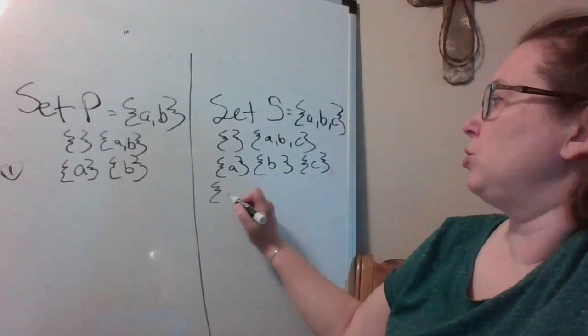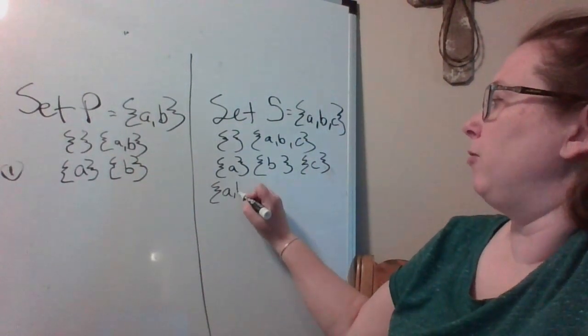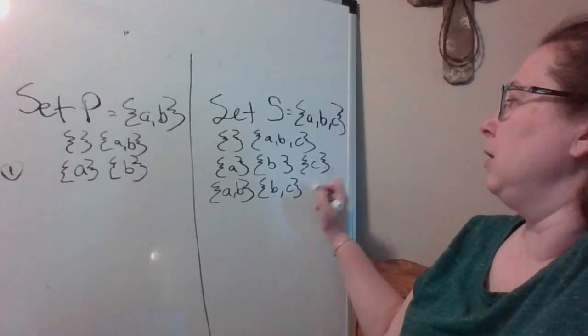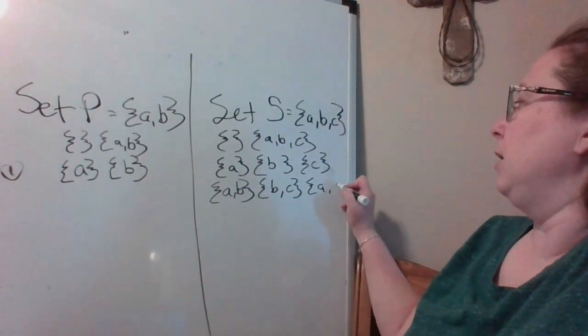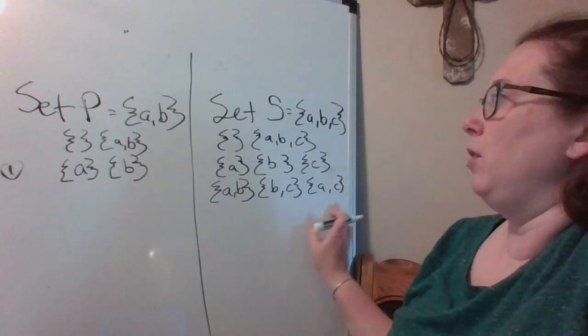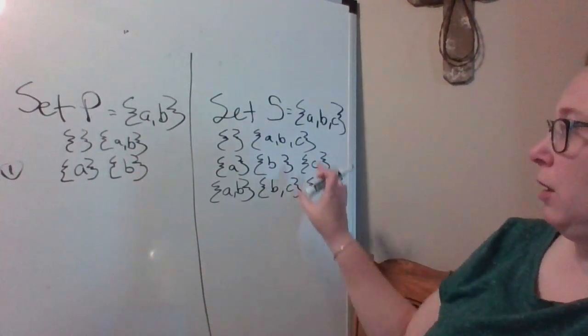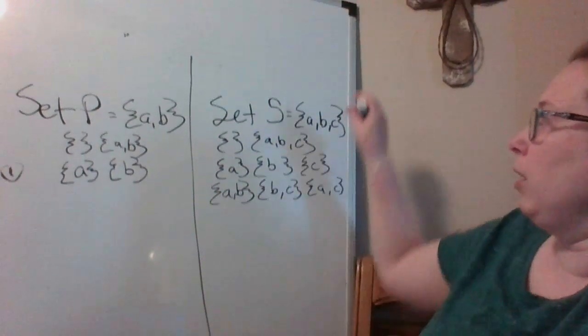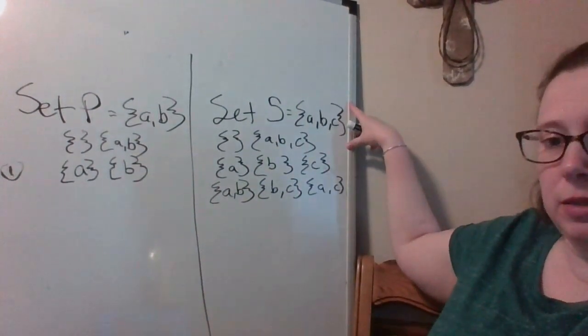And I'm going to list 2 elements together. So we have A and B, B and C, and then A and C. That is our 8 subsets for our universal set A, B, and C.